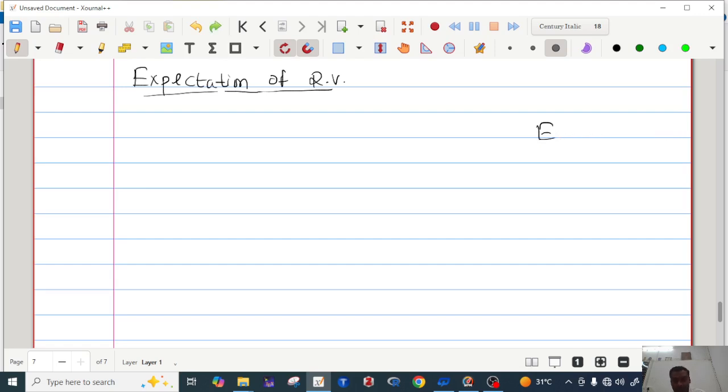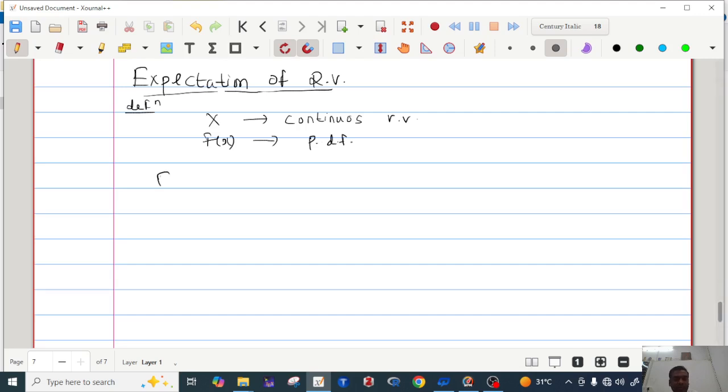Suppose capital X is any continuous random variable. Let's see the definition of expectation of a random variable. Suppose x is a continuous random variable, and f(x) is its PDF.